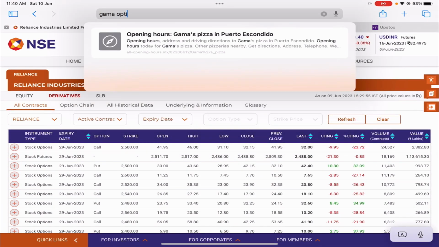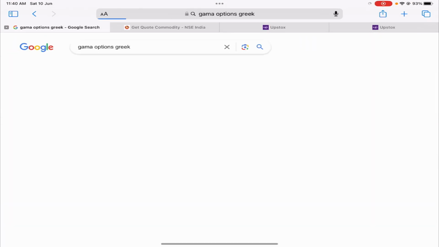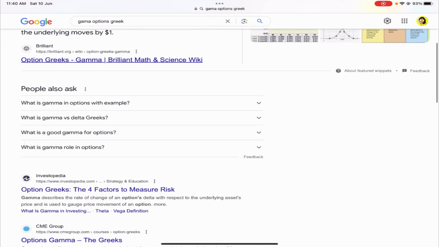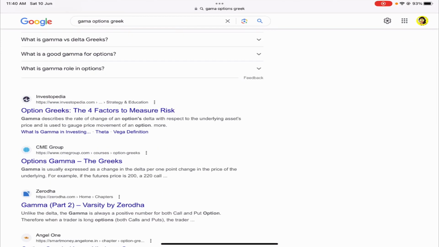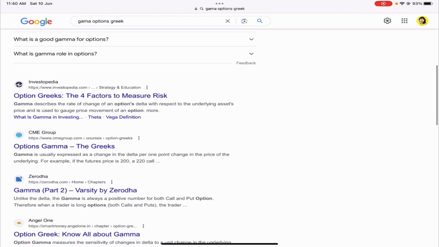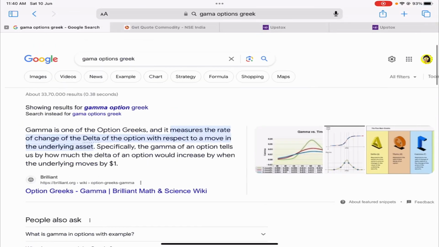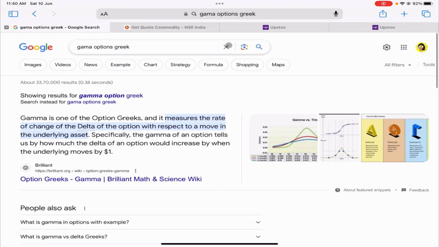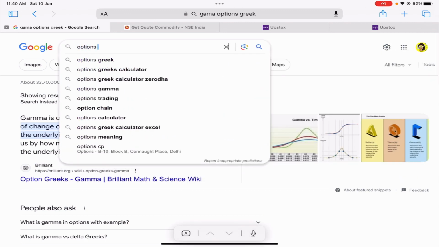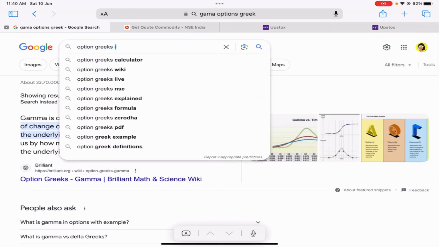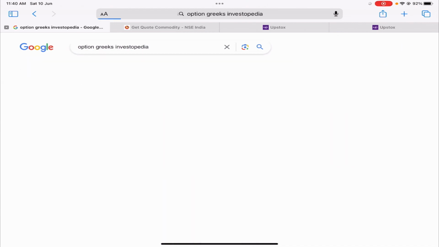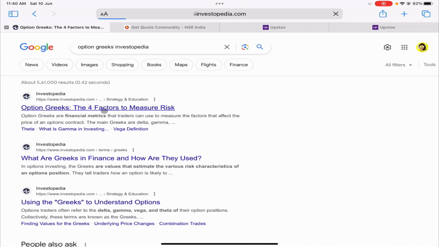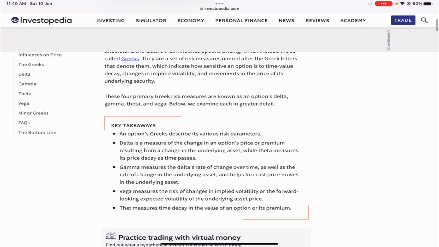Let me show it to you here, on Investopedia. Gamma measures the rate of change of delta with respect to a move in the underlying.